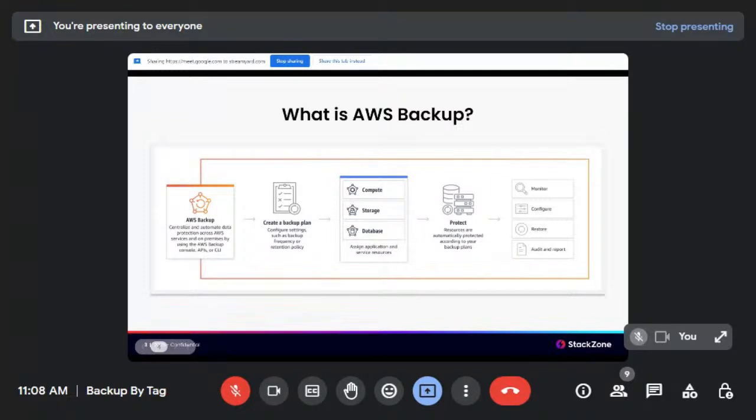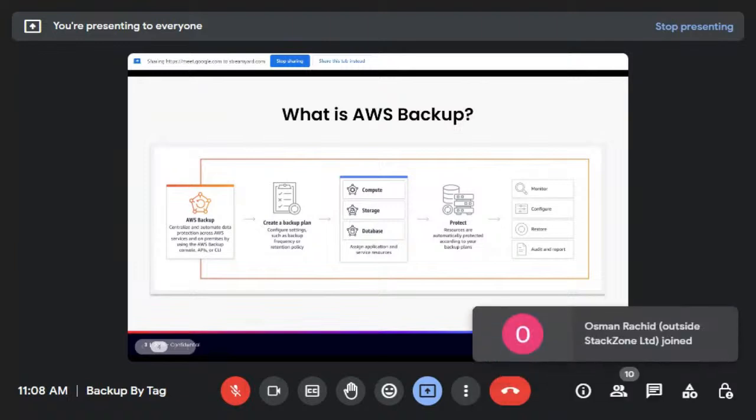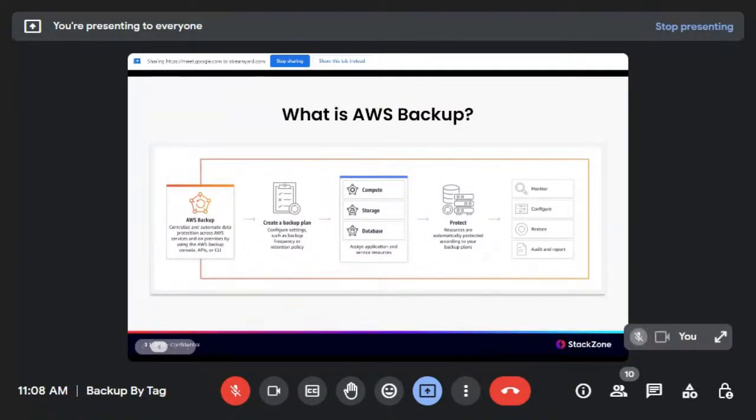So for those who have not worked with AWS Backup, it is a cost-effective, fully managed service. It helps with your data protection at scale. It provides automated backup schedules, retention management, and lifecycle management.